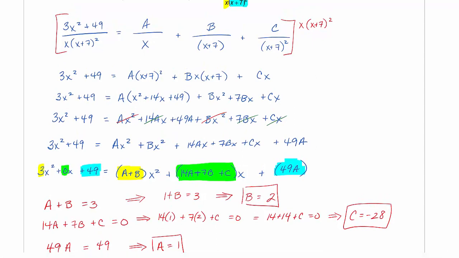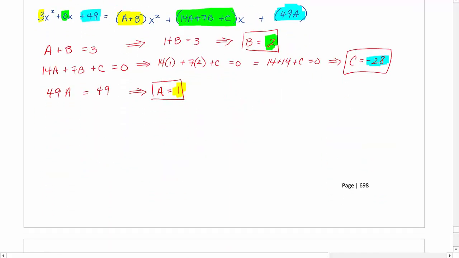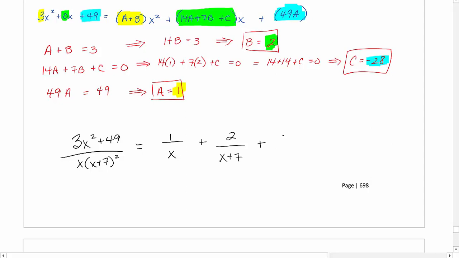So 1's going in for A, 2 is going in for B, and lastly, negative 28 is going in for C. And then that'll be our final answer. 3x squared plus 49 over x times x plus 7 squared is equal to 1 over x plus 2 over x plus 7 plus negative 28 over x plus 7 squared.